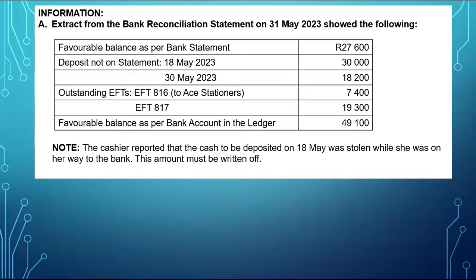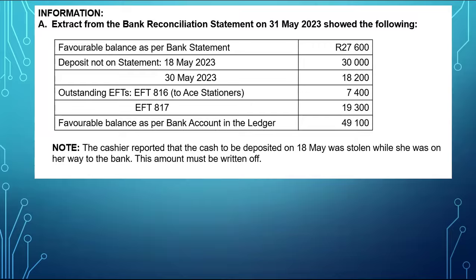That's why we record them on the credit side of the bank reconciliation statement, or positive. Outstanding EFTs were recorded in the cash payments journal, but they did not appear on the debit side of the bank statement. Deposit, credit, EFTs, debit.